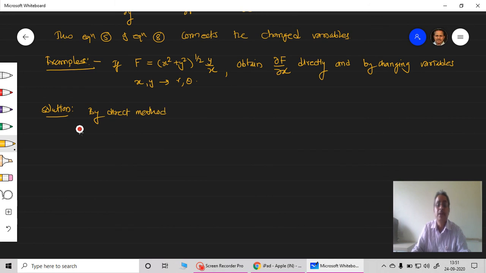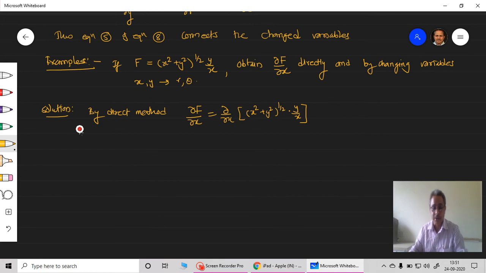We'll get partial differentiation of F with respect to x. So this is nothing but ∂/∂x of, now look at this, it is (x square plus y square) raised to half, and it is y upon x.